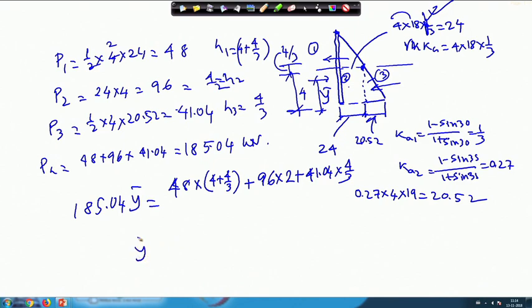So, if I simplify, then y bar will come approximately 2.7 meter.